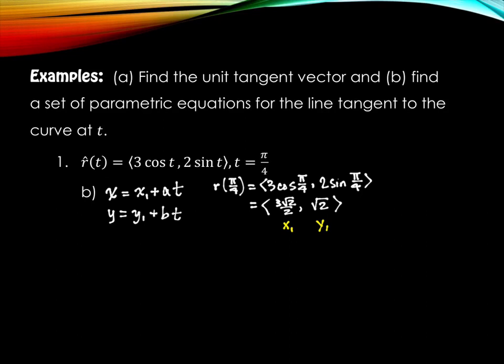We have the slopes at pi over 4 from the previous part of the problem. So x is equal to 3 square root 2 over 2 minus the slope from the previous slide, which is 3 square root 13 over 13 t. And then y, similarly, would be square root 2 plus 2 square root 13 over 13 t.